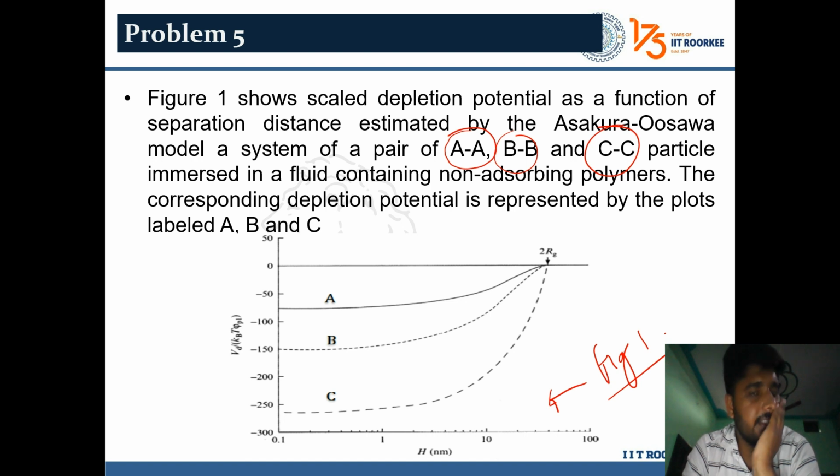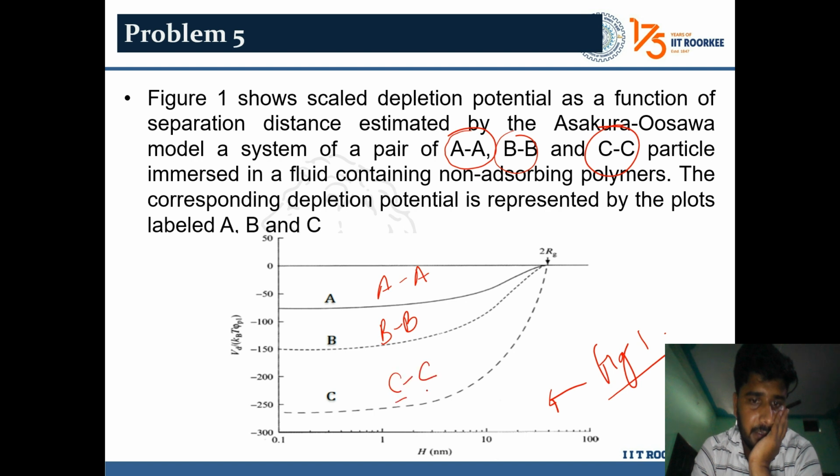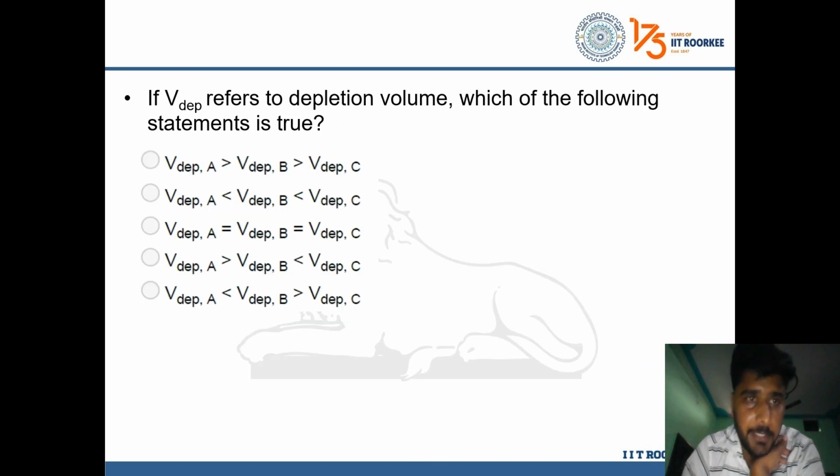So basically this is a case of depletion potential measurement. The corresponding depletion potential is represented by the plots labeled A, B, and C, for AA, BB and CC. The depletion volume is denoted by the B depletion.